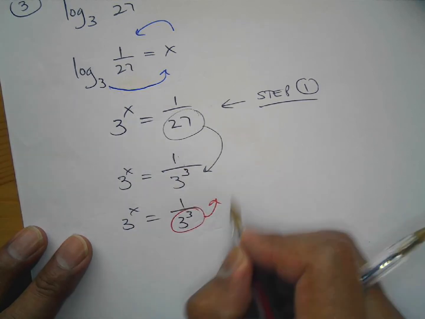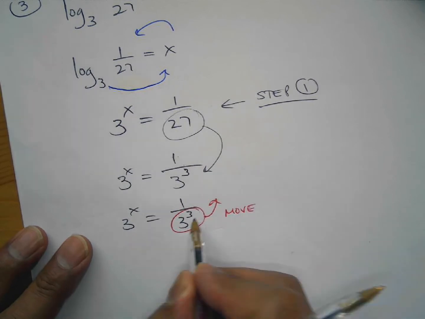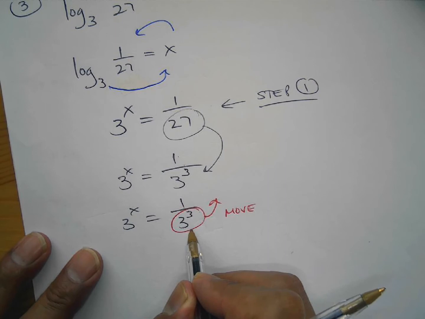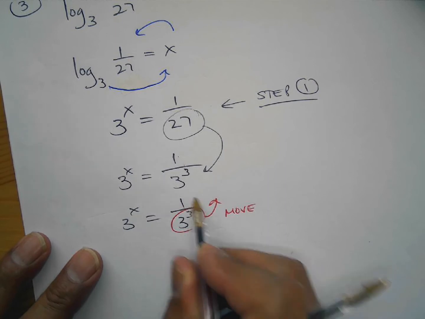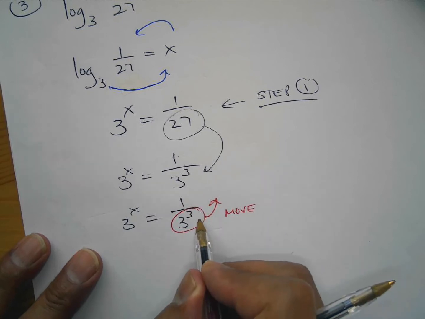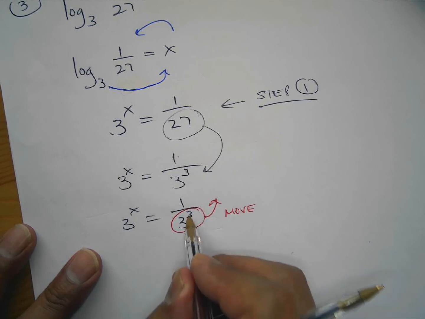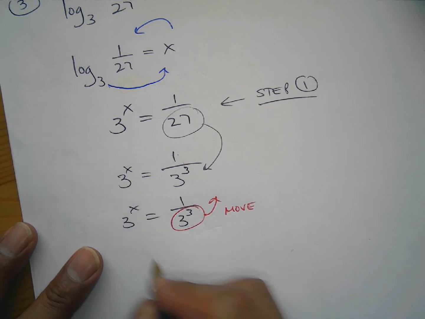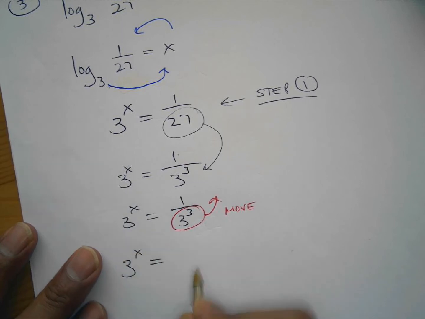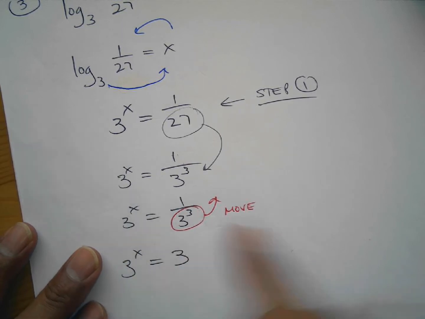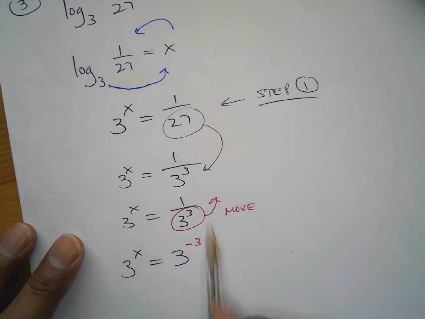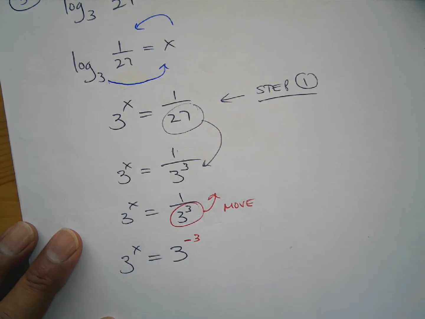So you move it up, and we know that when we move something with powers and exponents, you can move them up or down from denominator to numerator, or from numerator to denominator. But when you do that, that switches the sign of the exponent. So now you really have 3 to the power of x equals 3 to the power of what? Negative 3. Because that's a positive 3, but when you move it up, it becomes negative.